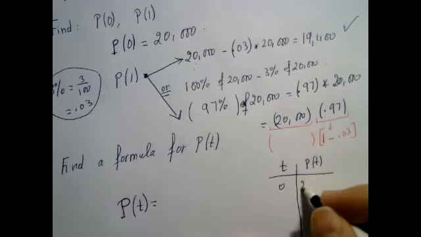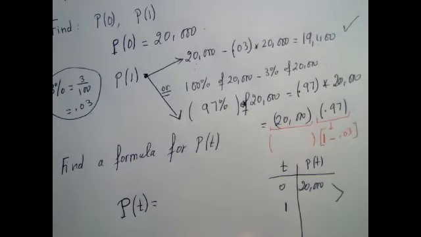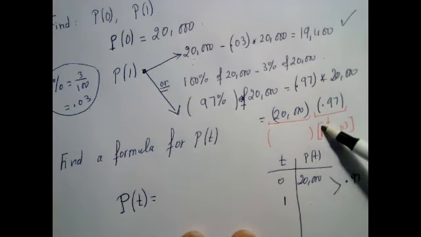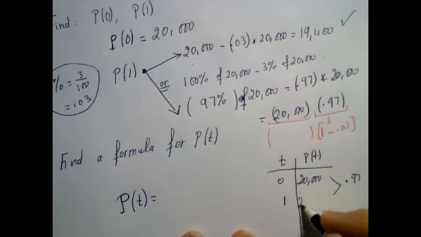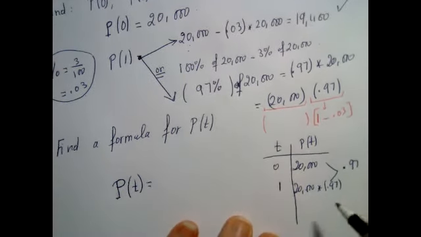At 0, we had 20,000. After 1 year, we lost 3%. So what we still have is 97%. It means we multiplied by 0.97. That's really what we did. That's the picture here. So now we have 20,000 times 0.97.